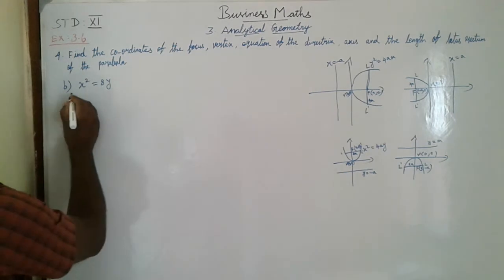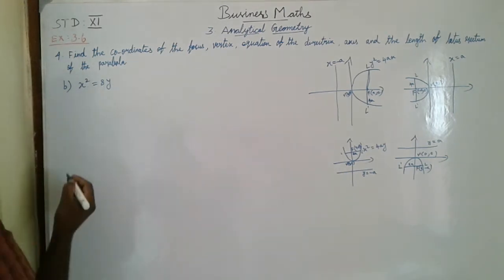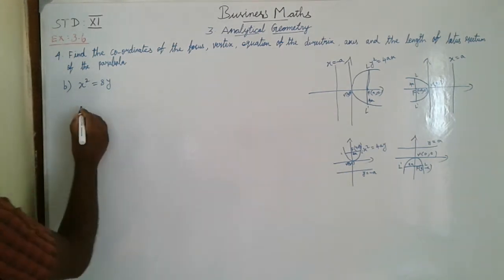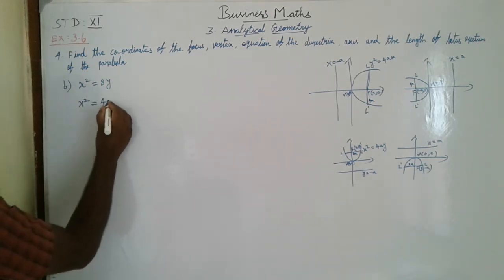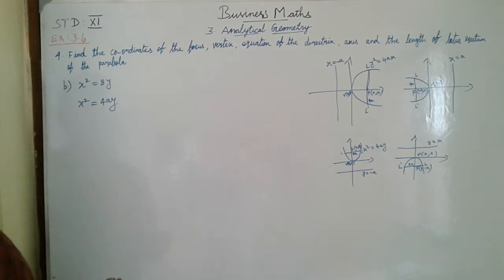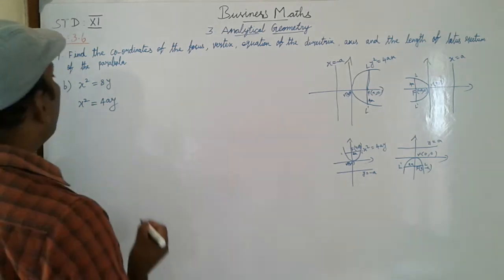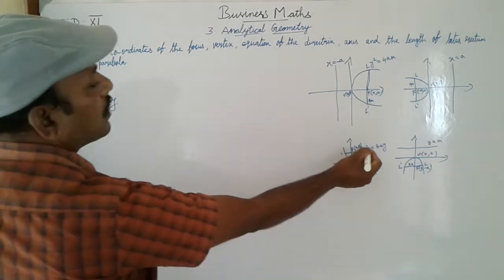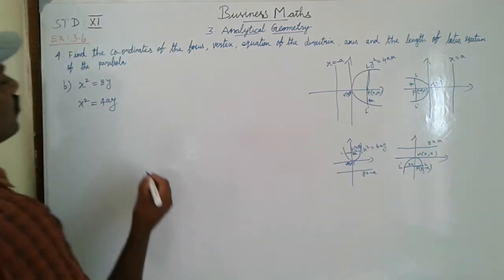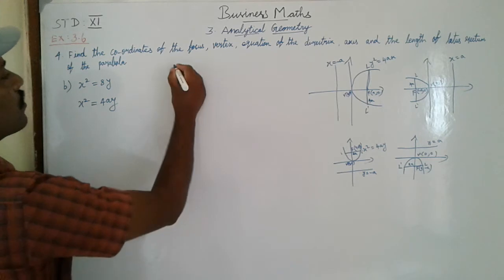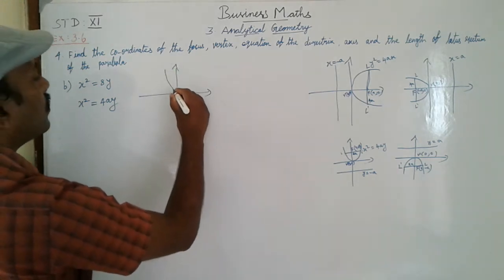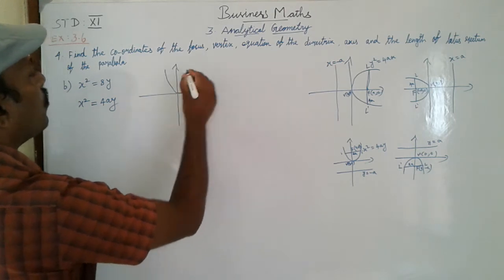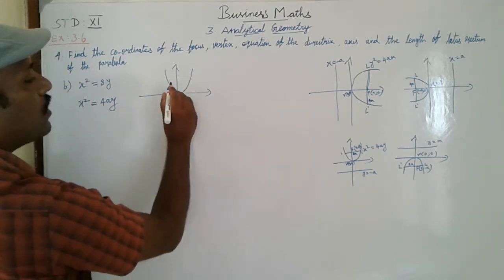Next sum is b, x square equal to 8y. So it is in the format of x square equal to 4ay form. It is open upward. So this parabola is open upward.